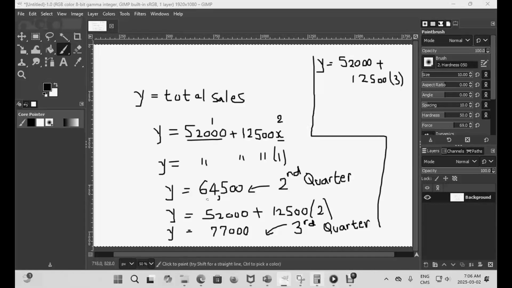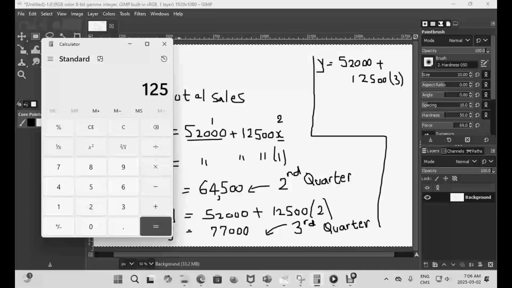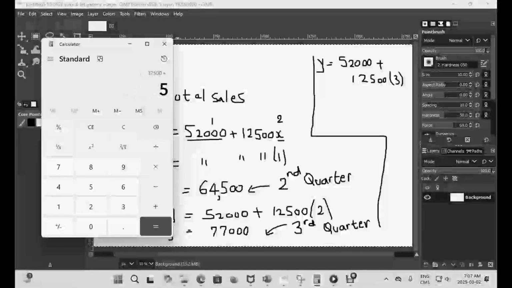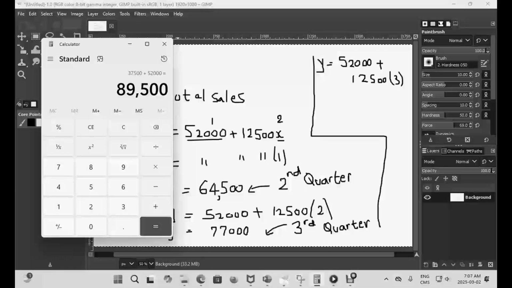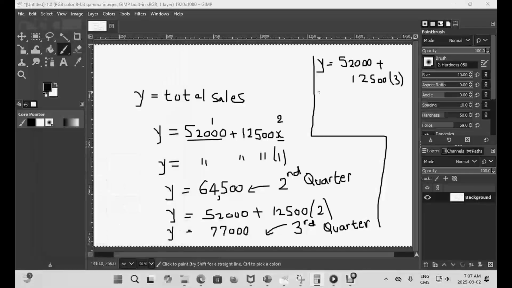We know that 12,500 times 3 is 37,500, plus 52,000 will be 89,500. So y equals $89,500. This is your sales figure for the fourth quarter.